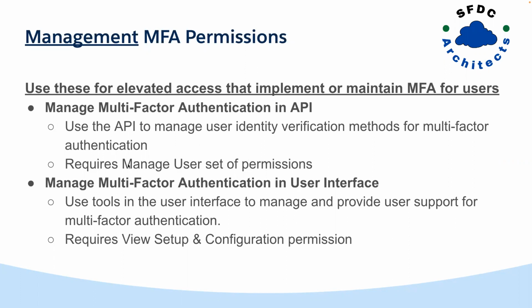This particular permission requires manage users, because you're really managing the user, not just doing the authentication for that user. So this is a very powerful permission, and you want to limit it highly, just to, for example, a user that creates other users for you in your org, or who is doing very high level things. That is when you would give them that particular access.